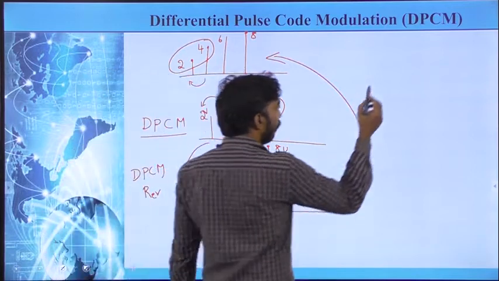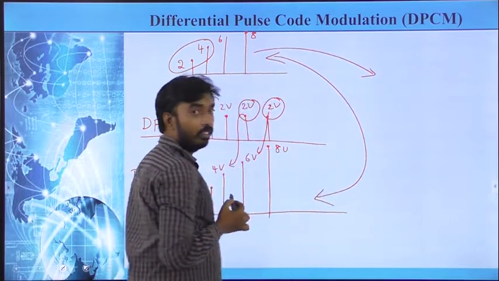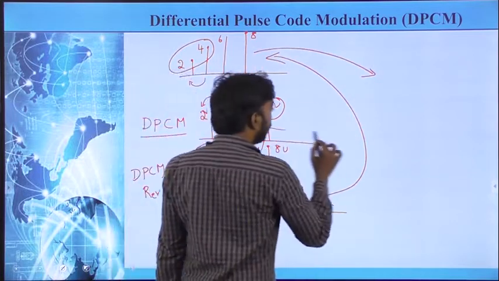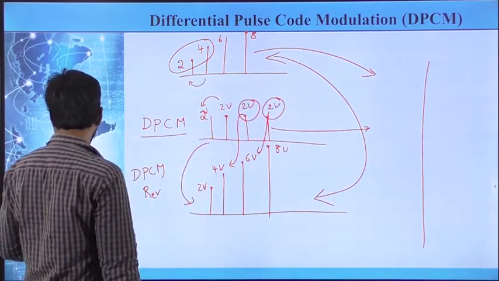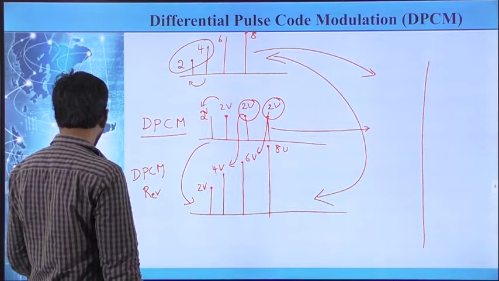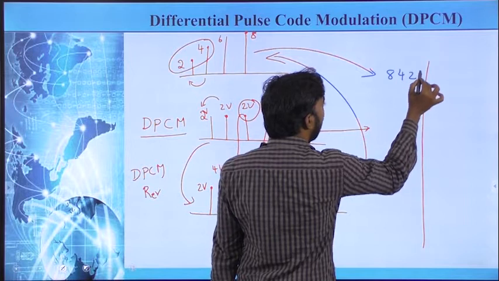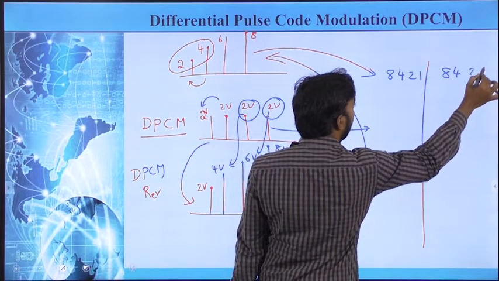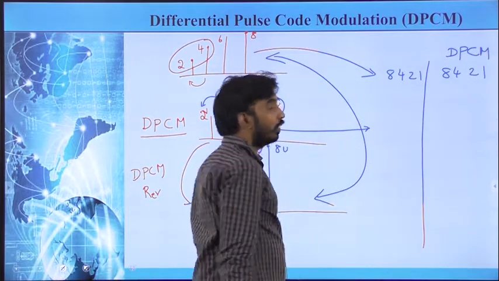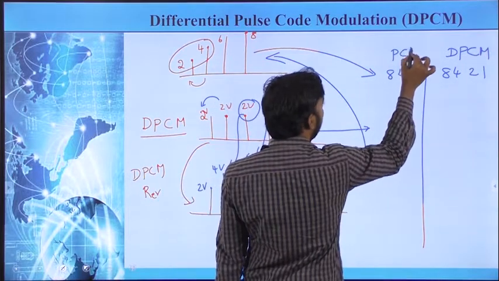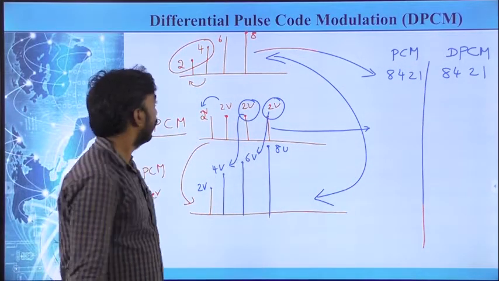Now I am converting this to binary, as well as this. This is DPCM and this is PCM. Right?